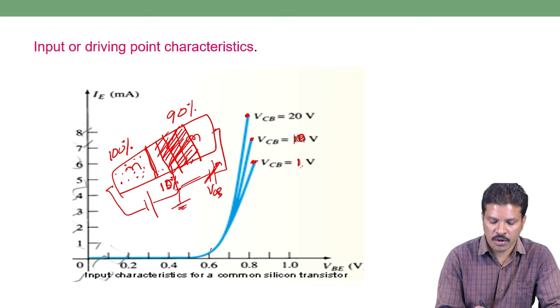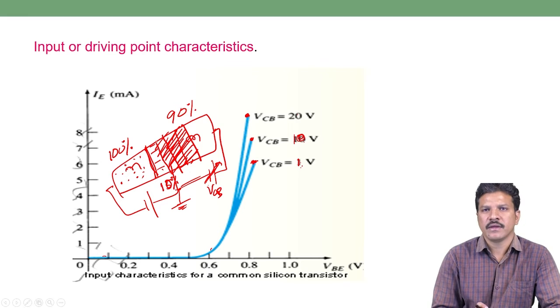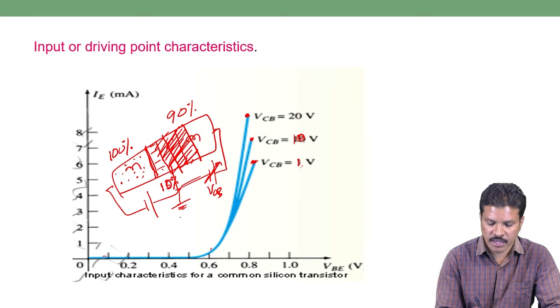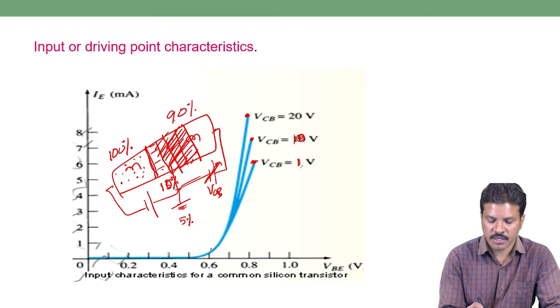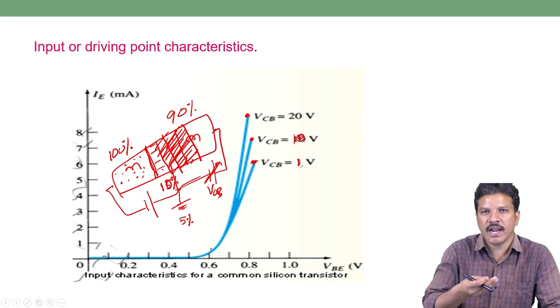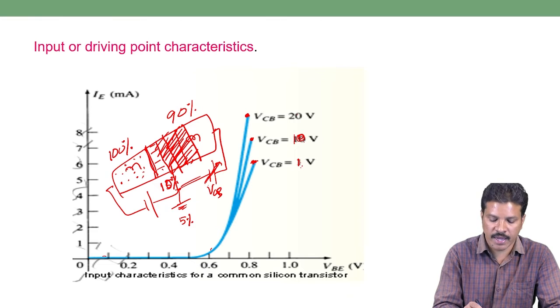With only a small base region, the current flow in the base is reduced again. Then the emitter current that reaches the collector is 90 to 95%.